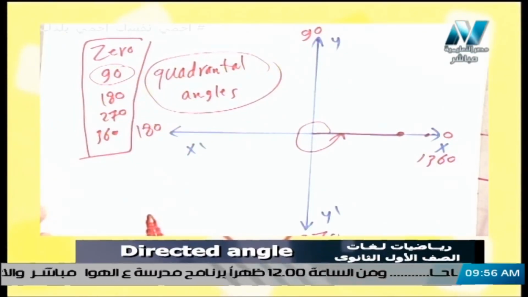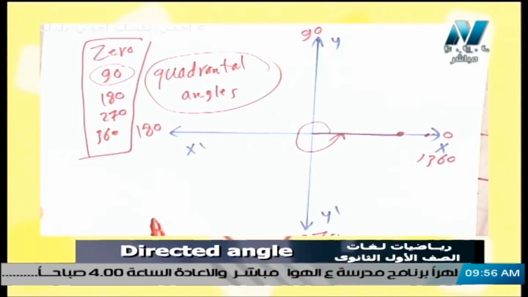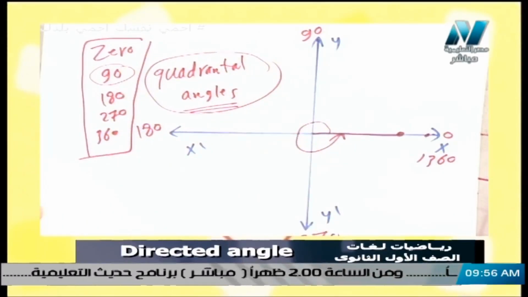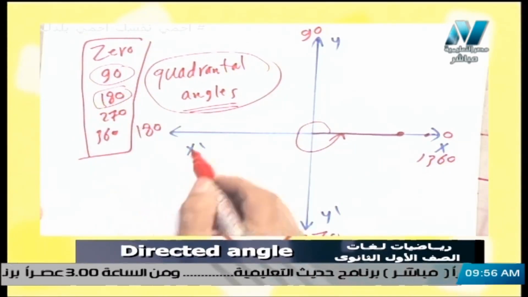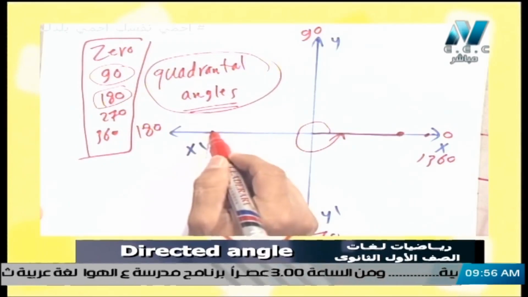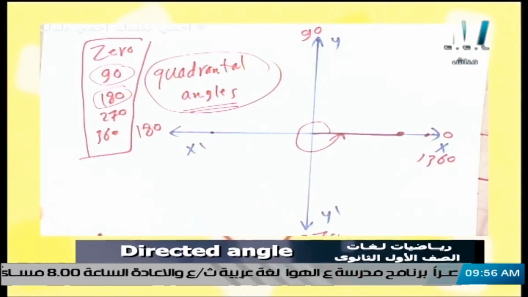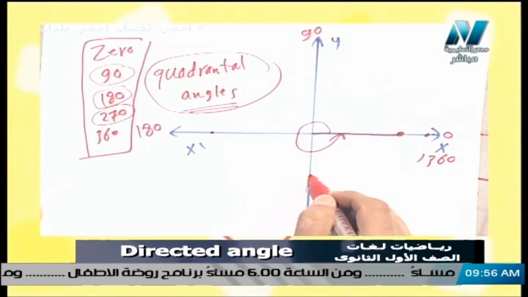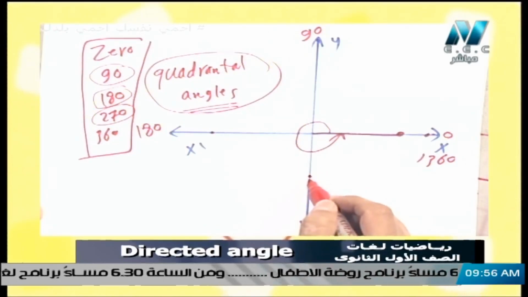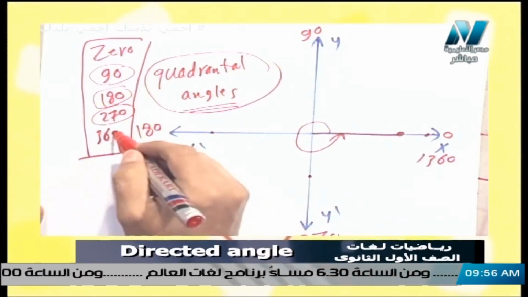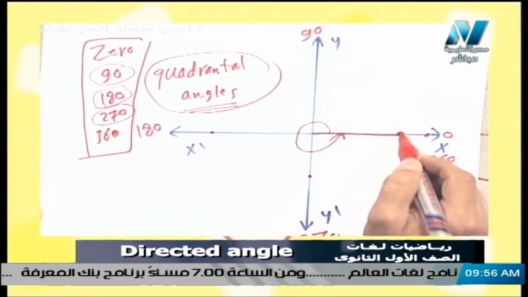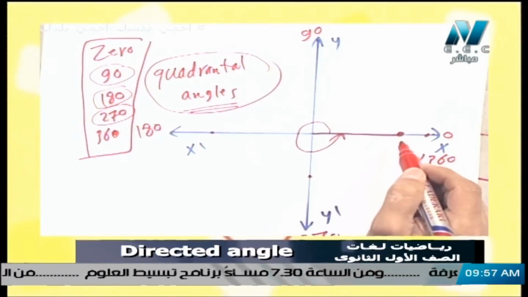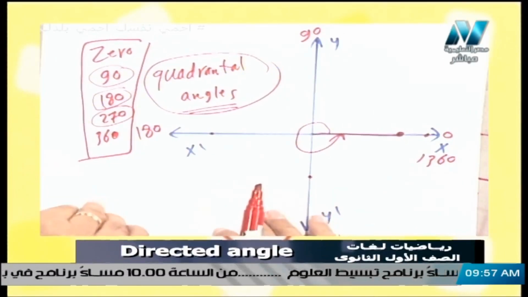Is it in the first quadrant, the second quadrant, the third quadrant? No. We say that it is a quadrantal angle. And what about the angle 180? It is a quadrantal angle because it lies on the x-axis itself. What about the angle 270? It lies here, so it lies on the y-axis. So it is a quadrantal angle. What about angle 360? It's here. So it is a quadrantal angle.